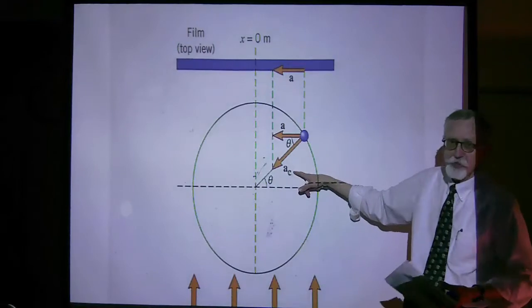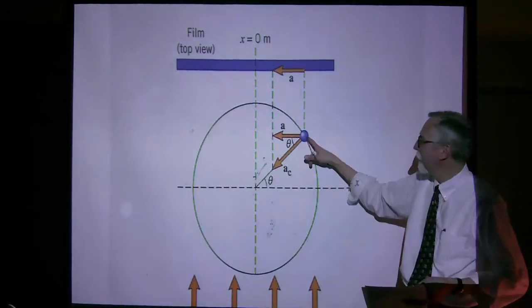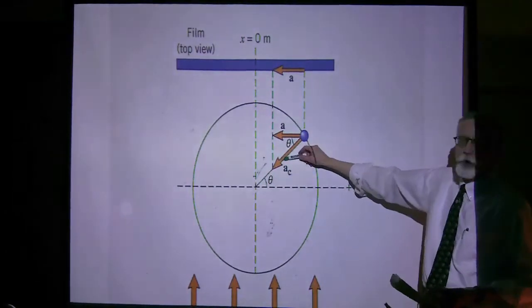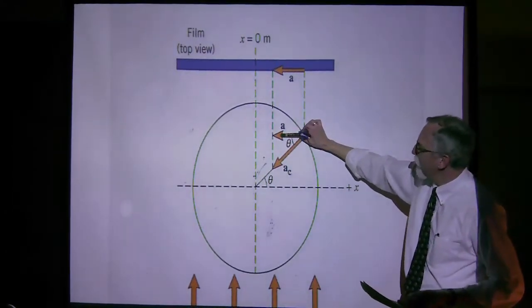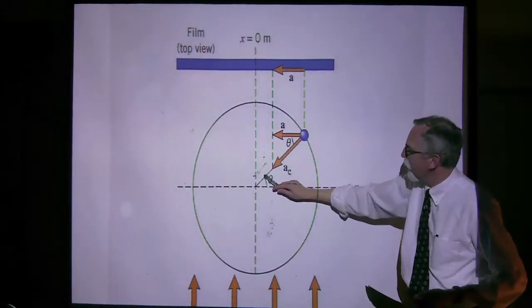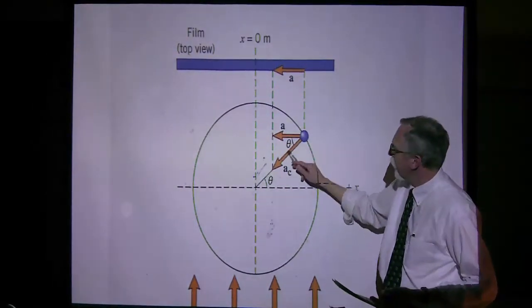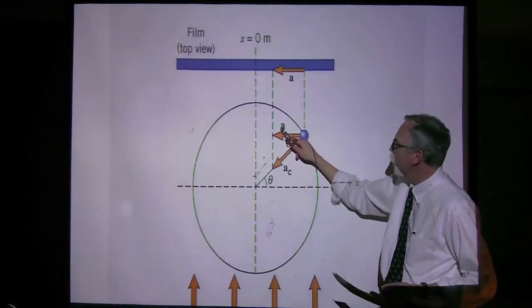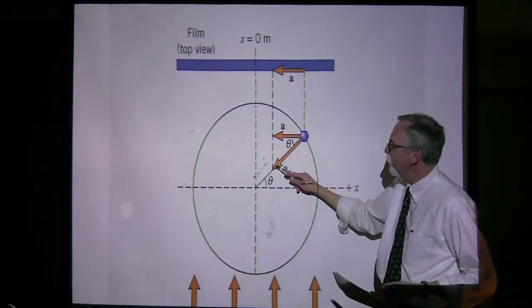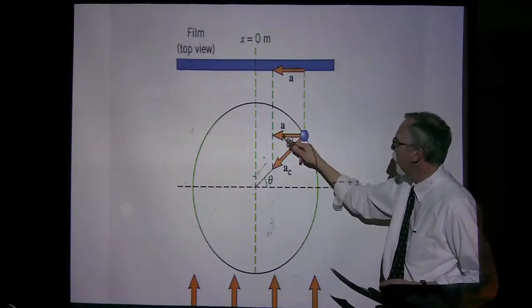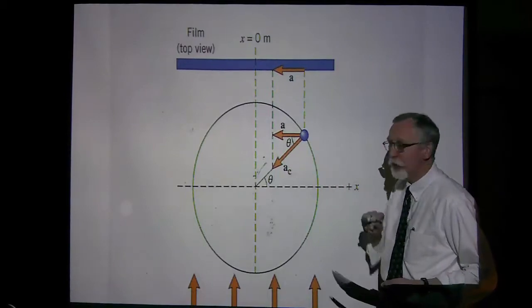However, the direction of the centripetal acceleration is going to change constantly, always pointing toward the center of the circle. Again, what we want is the x component of this, and so we want this part of the acceleration right here. If this is theta, and this is towards the center, we know this is theta here. So the component that we want is going to be the magnitude a sub c cosine theta. So we are going to want our acceleration is ac cos theta.